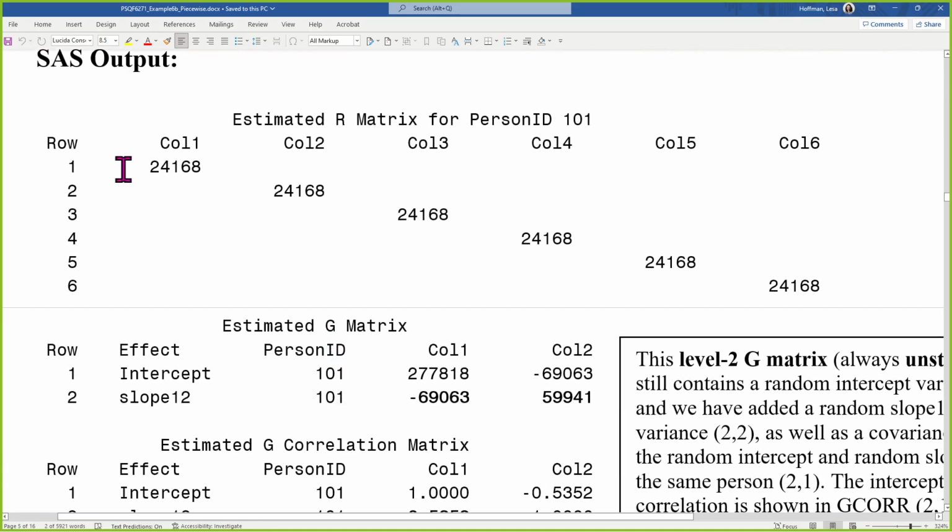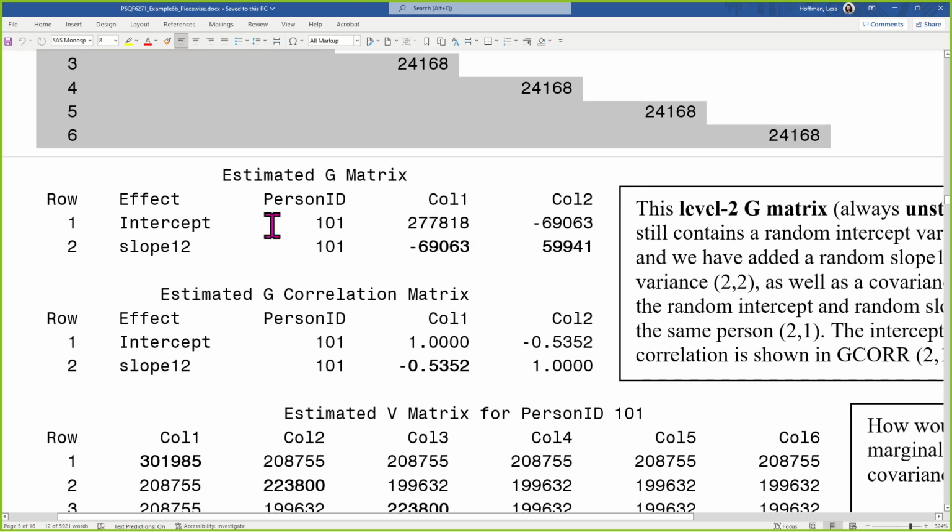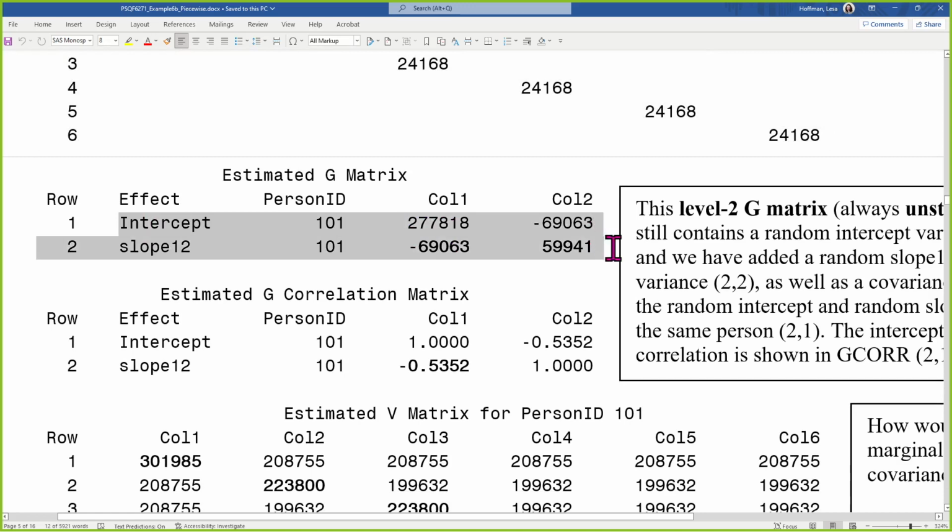All right, so our R matrix has the same structure, but it has less variance in it, because part of what we were calling level 1 residual, we've now moved to be part of level 2, between-person differences and change between sessions 1 and 2. So variability has been reallocated, I would say. My G matrix is a matrix now. Hooray!